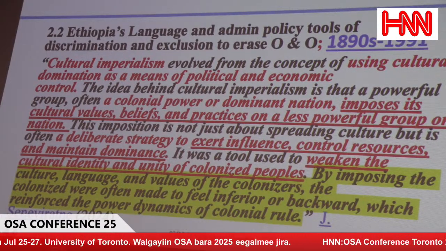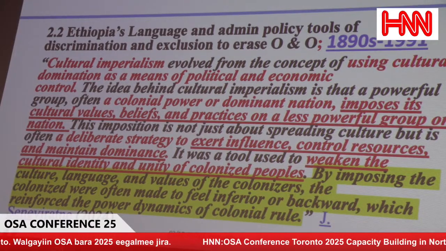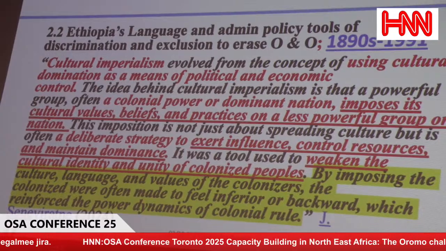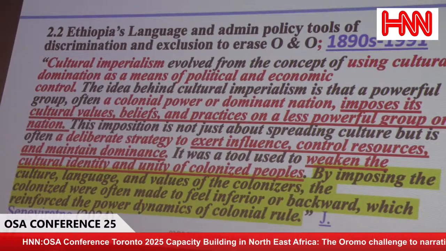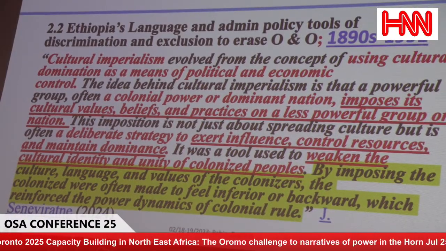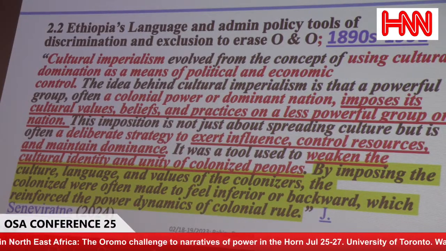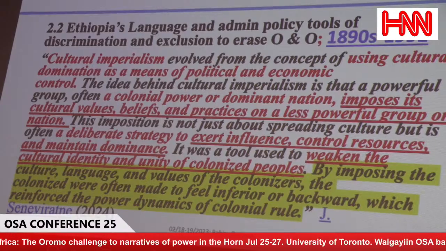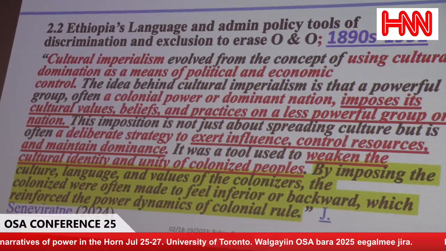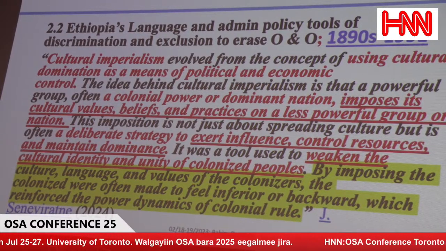The idea behind cultural imperialism is that a powerful group, often a colonial power or dominant nation, imposes its cultural values, beliefs, and practices on a less powerful group of nations. I don't want to go through the entire chapter, but in a nutshell, when I read it, I was seeing myself in the Ethiopian empire.